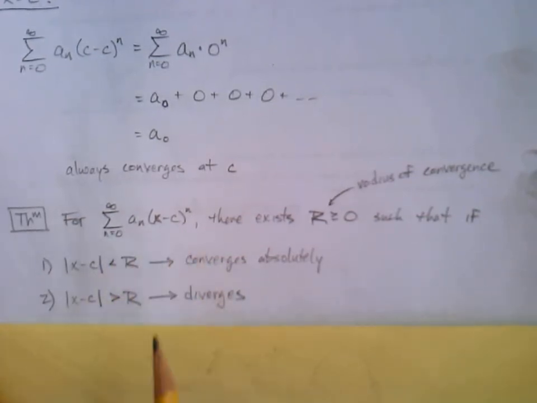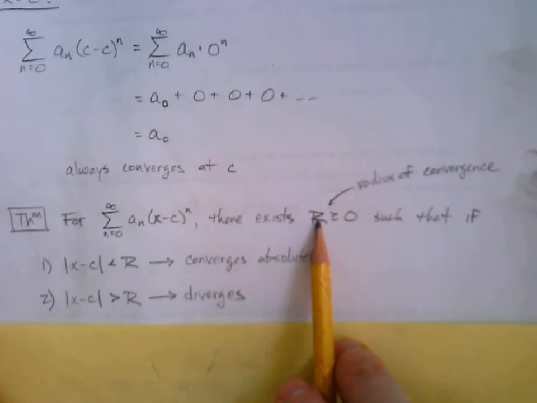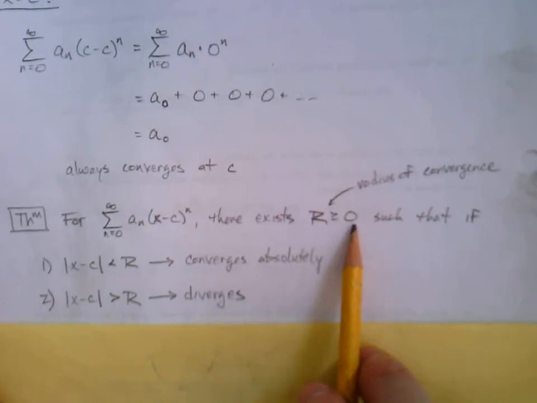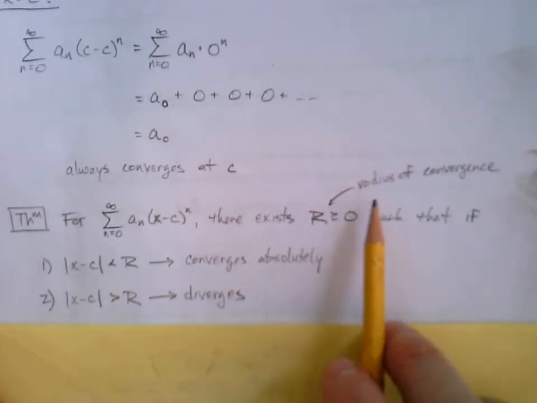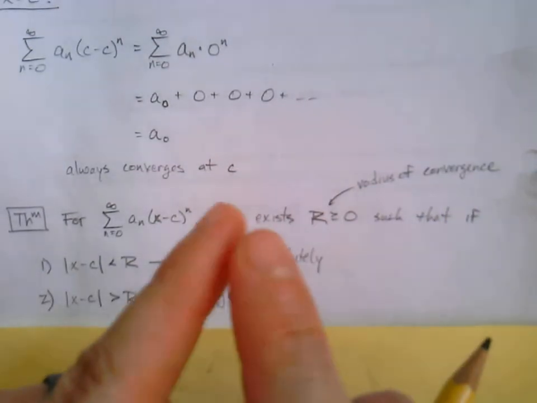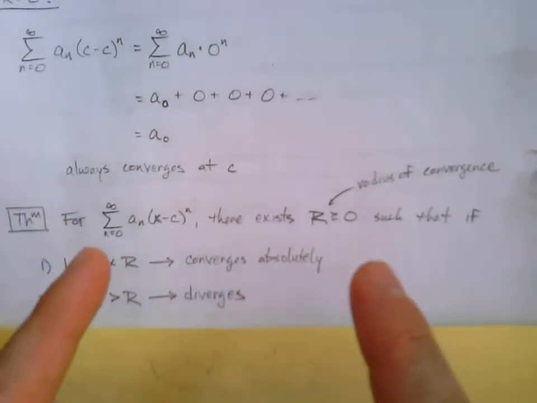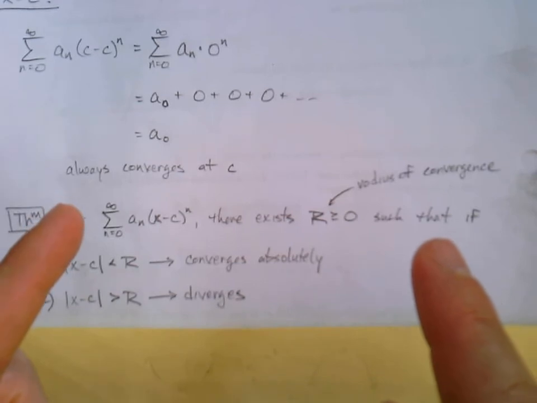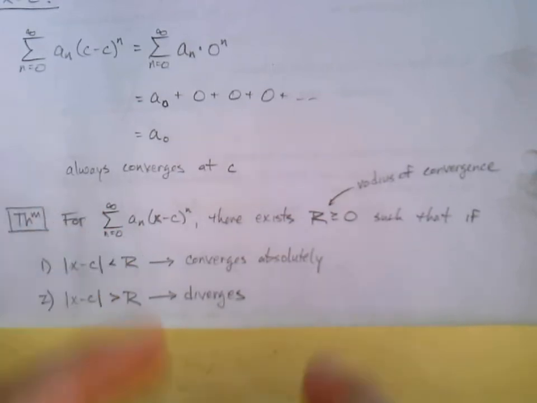Okay, so for your power series, there exists capital R greater than or equal to 0. The capital R is the radius of convergence. So we're thinking as we move away from c, we'll move an equal distance both directions. That's our radius of convergence.